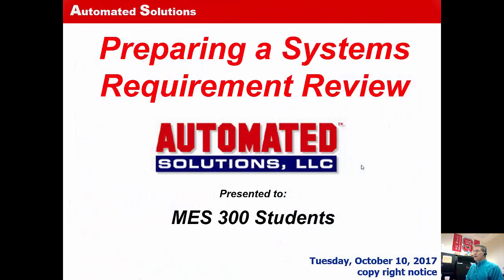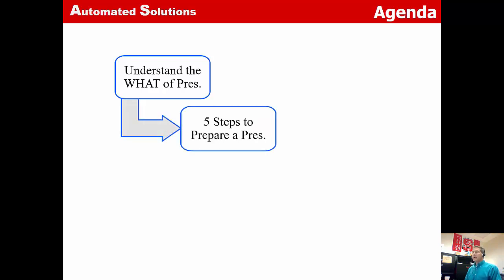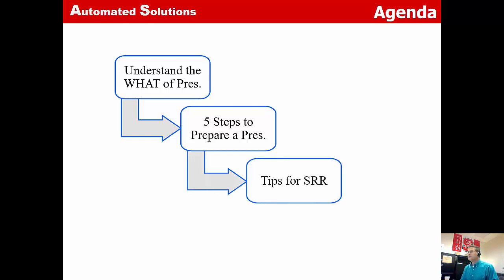Okay, so specifically what I want to do now is go through a presentation on preparing a systems requirement review. And here's how I'm going to do that with you. The first thing I'm going to do is help you understand the what of a presentation, just in general, any presentation that you're doing. Then I'm going to go through a 5-step process that you can use to actually develop your presentation.